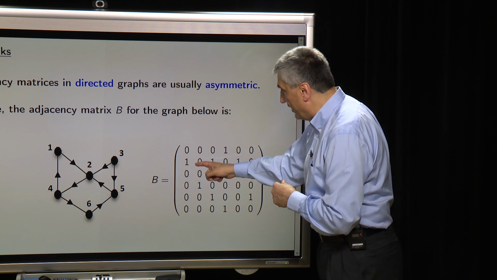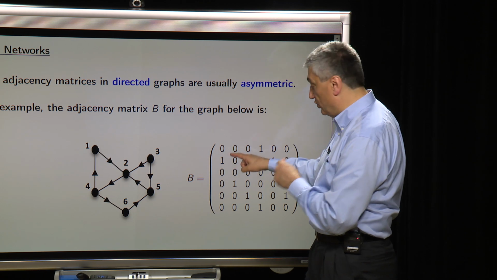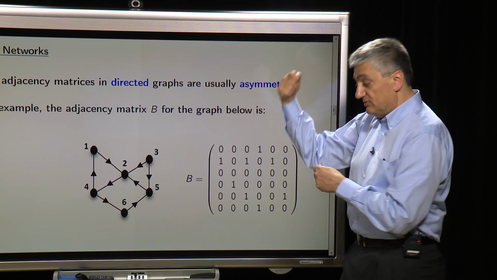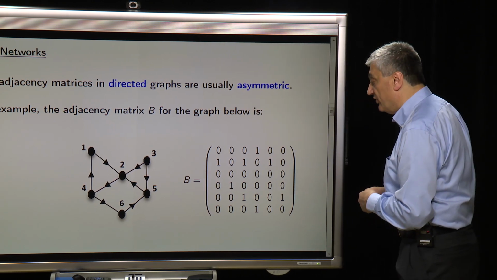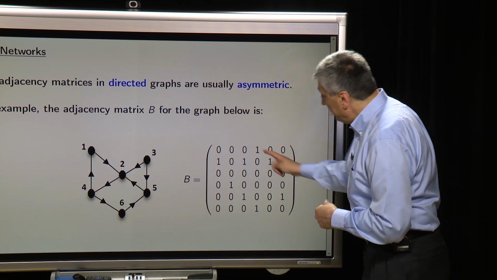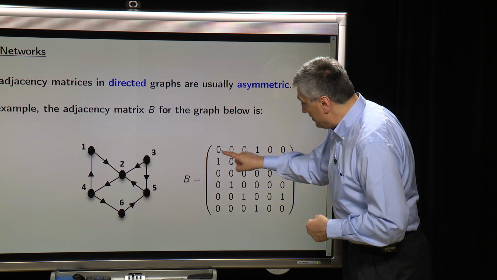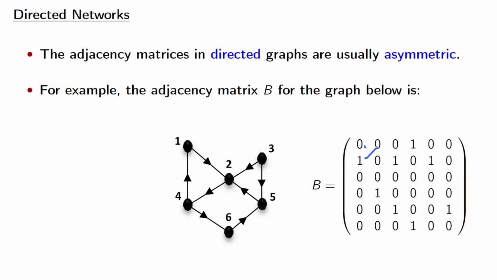In this case, as I mentioned, A21 is equal to 1. Therefore, there is a pointer from 1, which is the index of the column, to the row. If you look at this matrix here, you will notice it's not symmetric. See, 0, 0 in here, but yet this one is 1. 0, 0, that's the same.